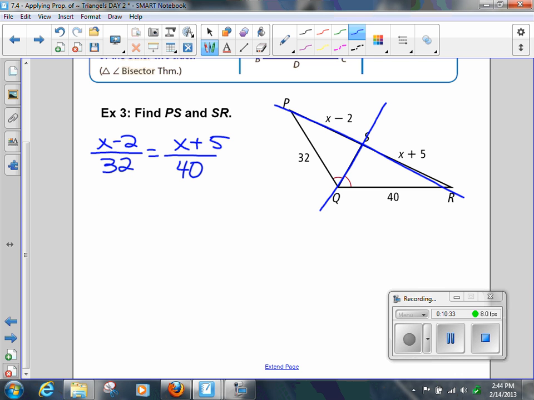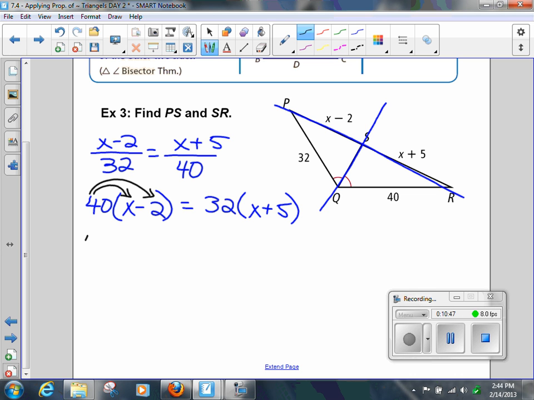It's just algebra. 40 times. Don't let this bite you. What property? 40x minus 80 is equal to 32x plus 160. How are you going to solve it?